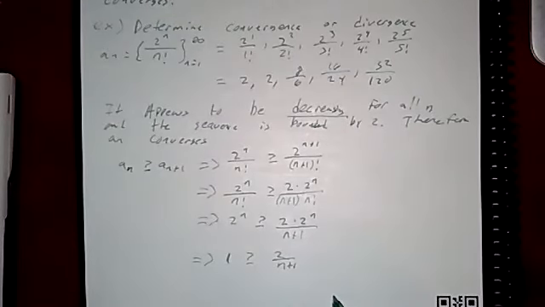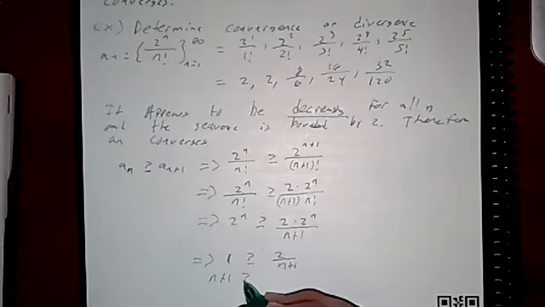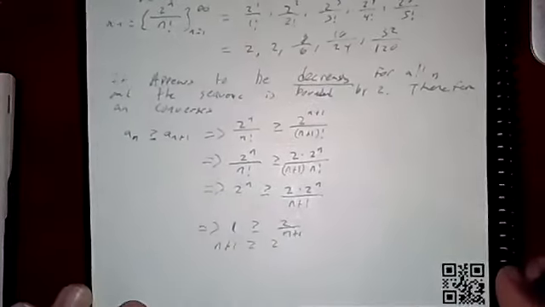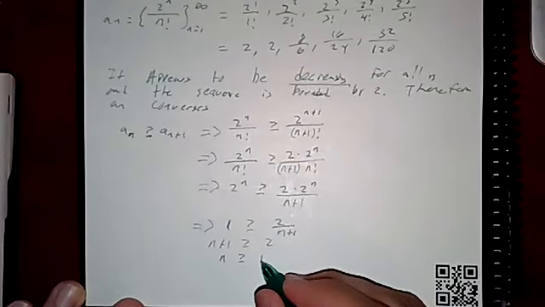So now multiply both sides by n plus 1, so I get n plus 1 greater than or equal to 2, right? N greater than or equal to 1.